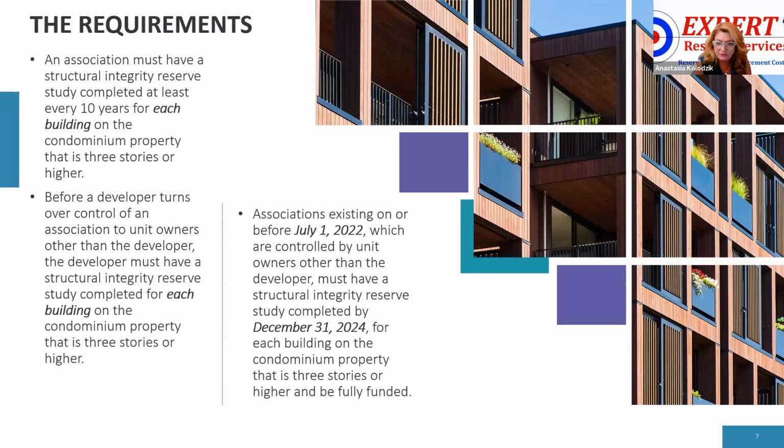Now, I don't know it verbatim of when it is. We'll look it up and we'll send it out to you guys. But if your budget falls on a certain time, then you're going to get an extra year, basically. But under no circumstances, and this one I do know, will an SIRS be completed after December 31st, 2026.